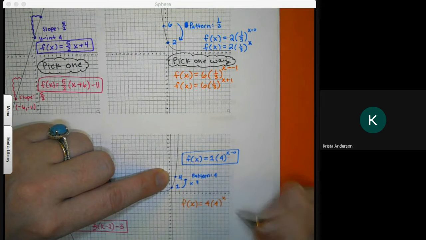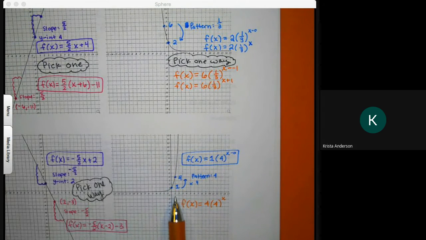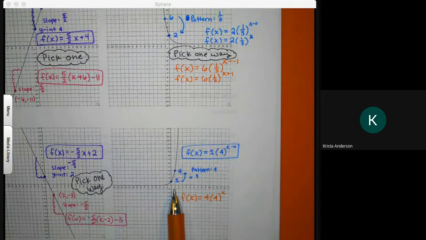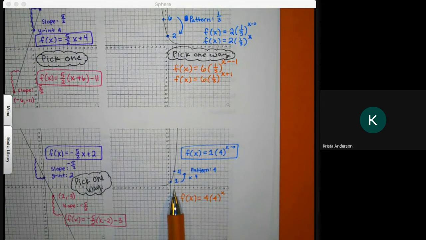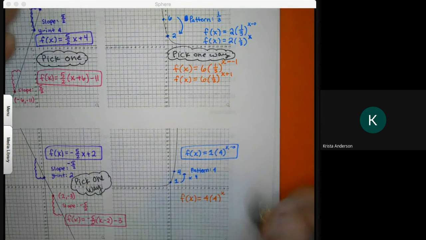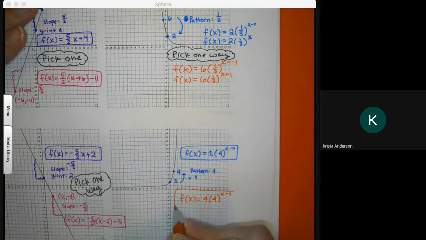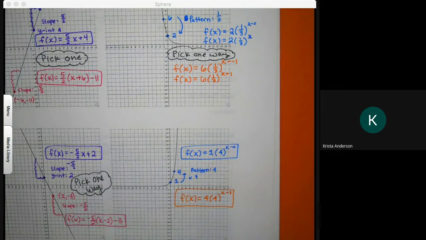What would x have to be if I pick 4? It's a 1. So what would undo a 1? What would get it to go away? Mm-hmm. Yeah. So you can pick one or the other.